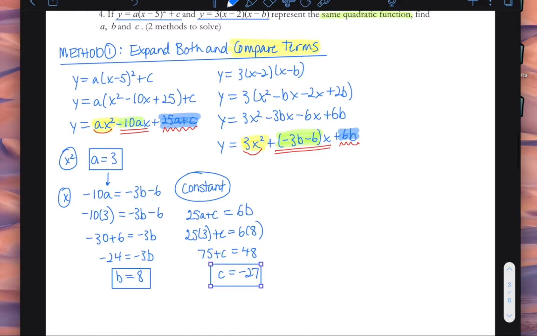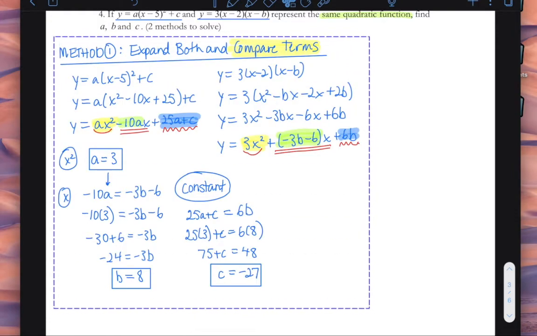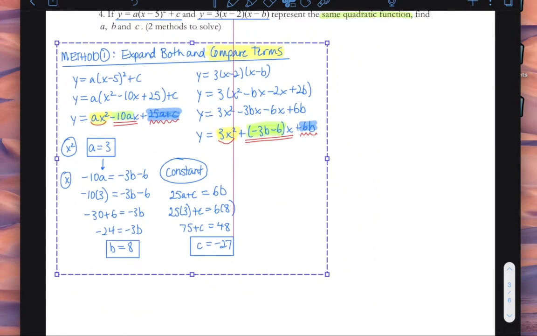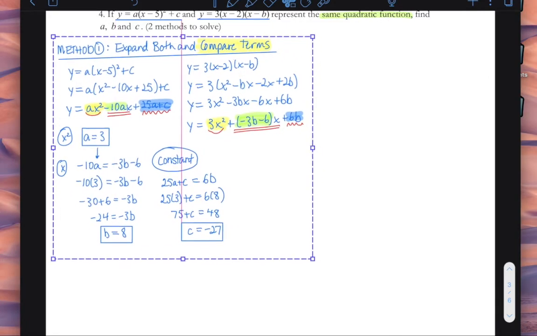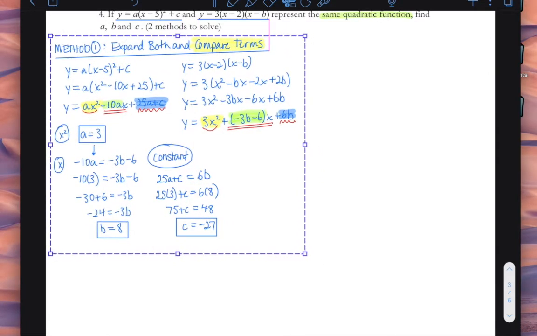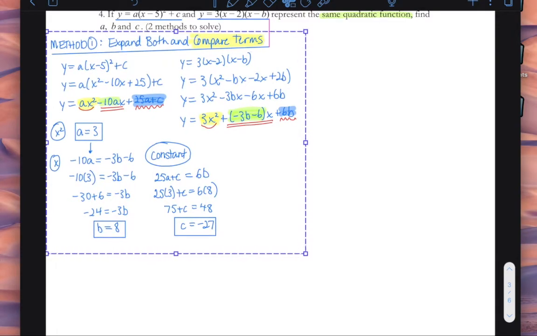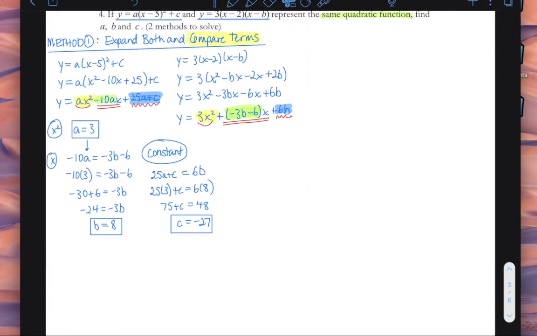Okay, so that is the first method of figuring out what a, b, and c are, or any parameters, any letters in fact, when we're given two versions of the same parabola.